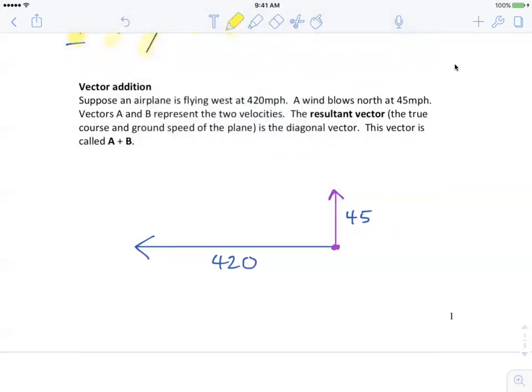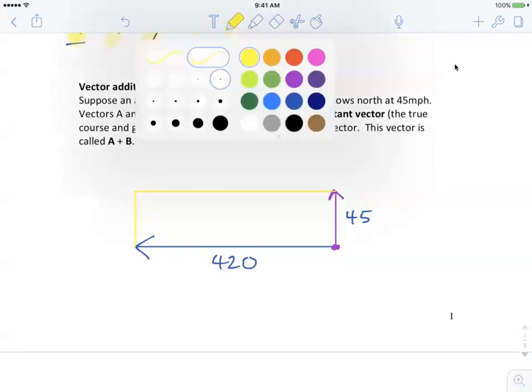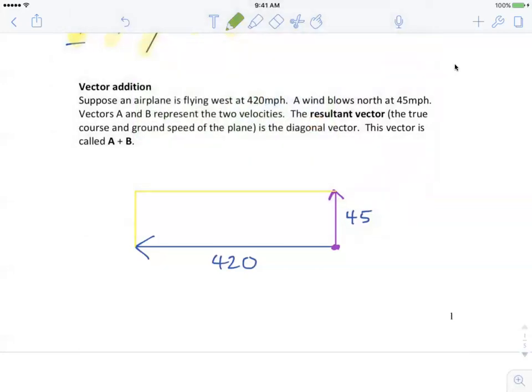I would make a line here that matches my 45 vector, and then a line here which matches my 420 vector. The true course is the diagonal of that rectangle, or in general, parallelogram. So it starts here, and it's going to be heading along that diagonal, like that. And then with trigonometry, you can figure out the magnitude and the direction of that resultant vector.